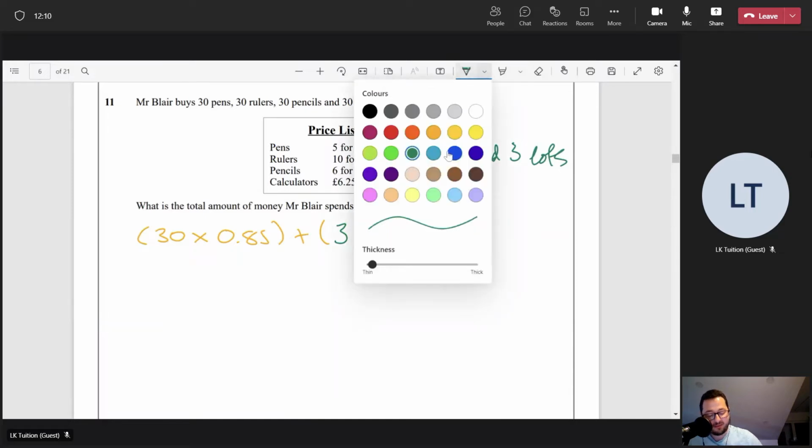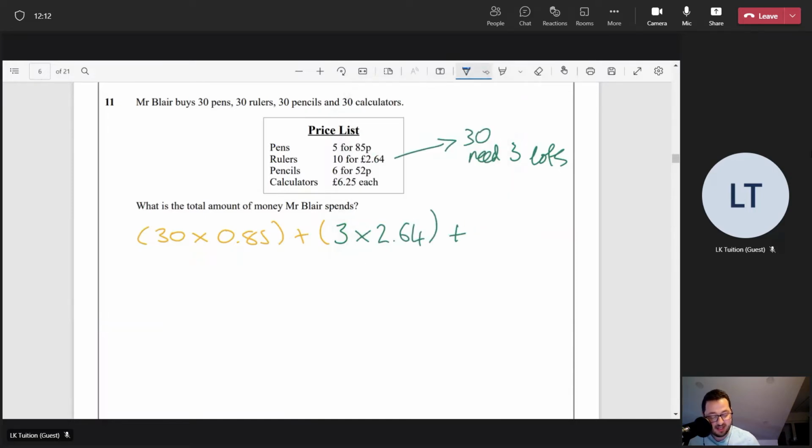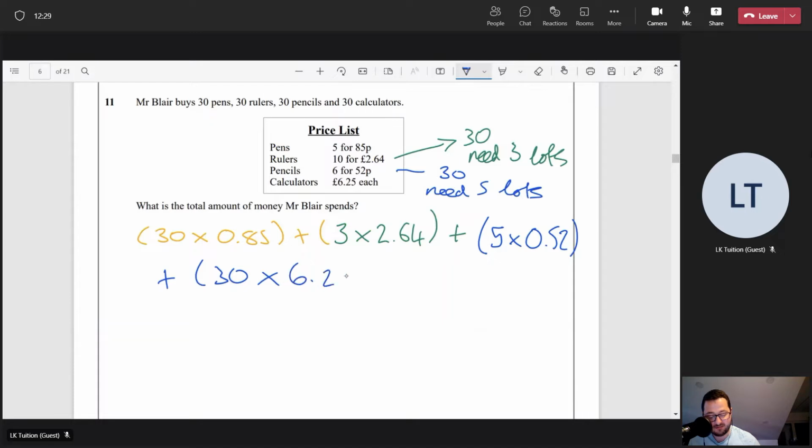So again, we think, well, how many 6s go into 30? It's 5. So for 30, we need 5 lots of that. So that is going to be 5 times £0.52. And finally, calculators are £6.25 each, so we want 30 times £6.25.